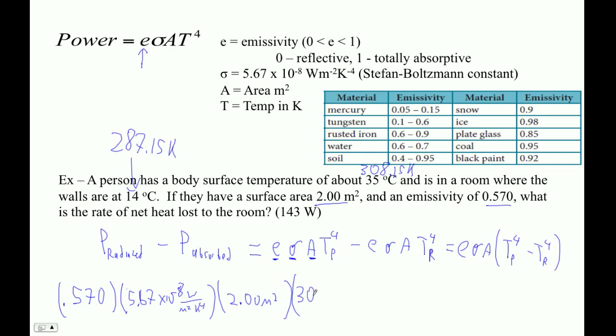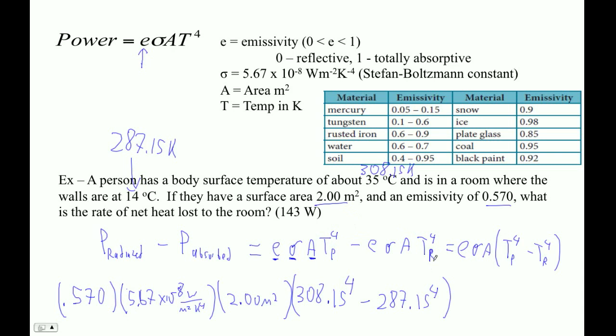So 308.15 to the fourth minus 287.15 to the fourth. And they do this, they never do it with like people in a room, but they do this with like the Earth emits energy into space, but space emits energy to the Earth, right? Or the atmosphere, more likely, right?